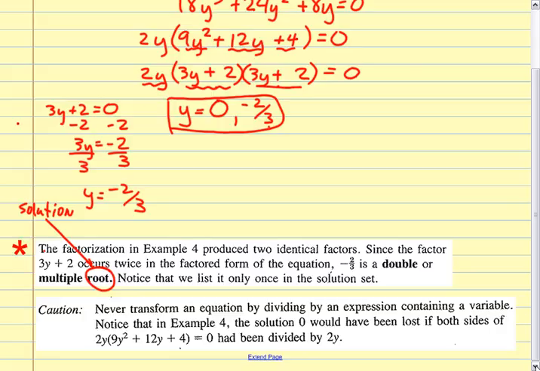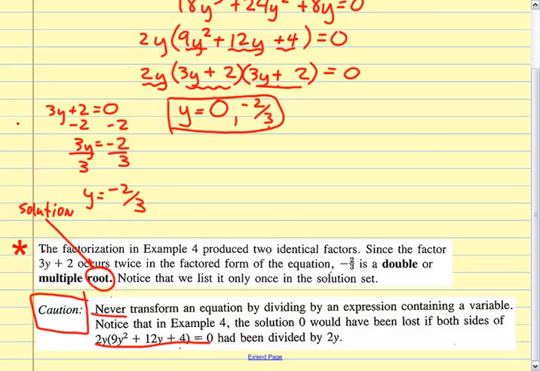Caution. Never. Never transform an equation by dividing by an expression containing a variable. Notice that in example 4, the solution 0 would have been lost if both sides of this equation had been divided by 2y.